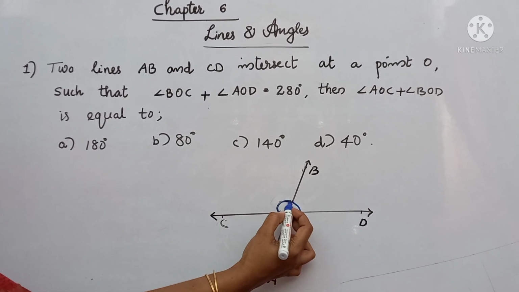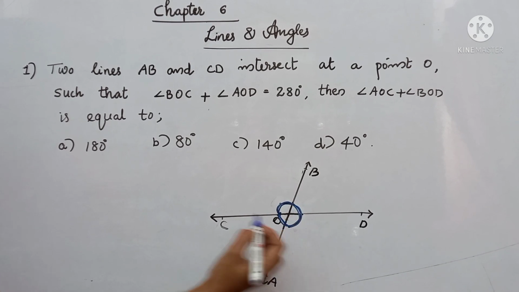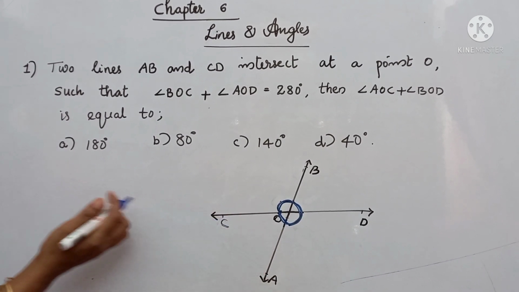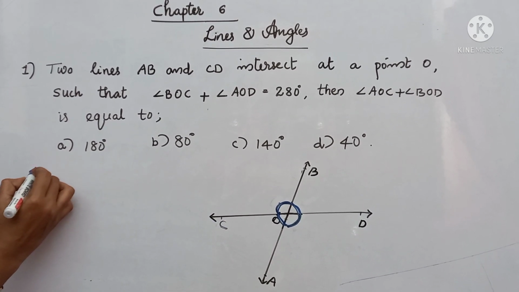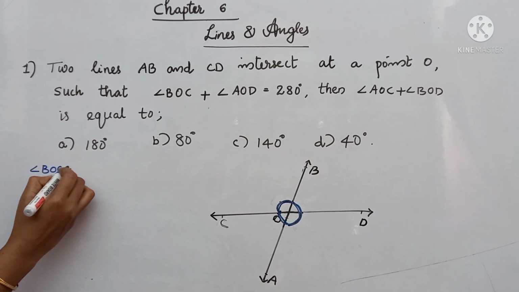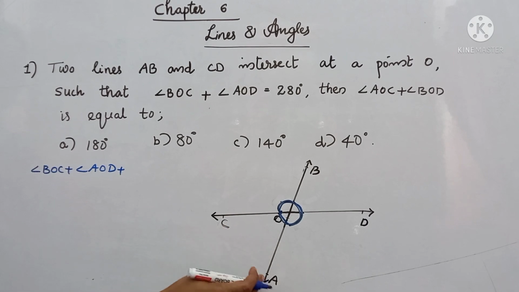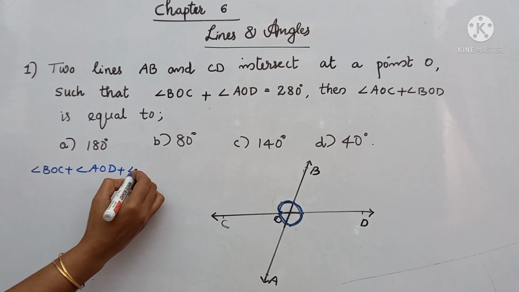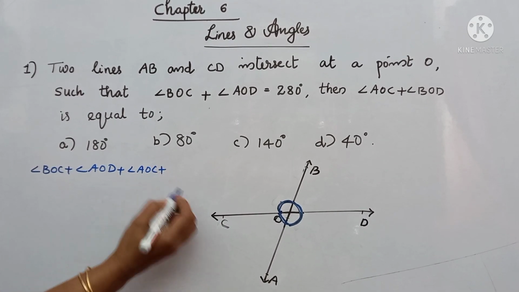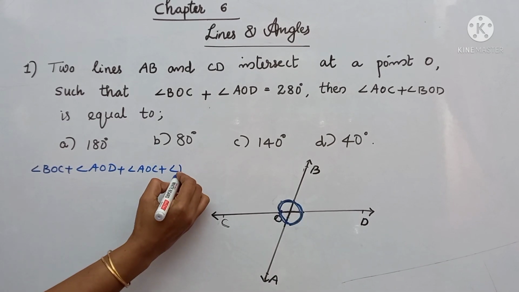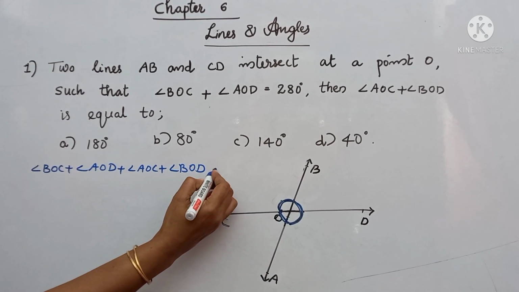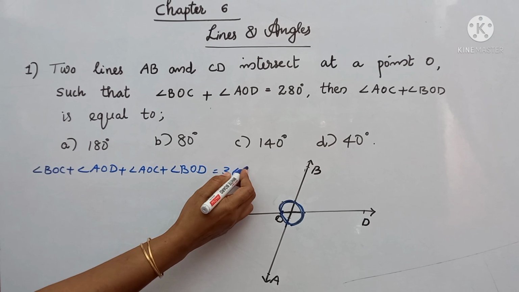Look here, this is a circle, so we are getting a complete angle. So the sum of all these angles is equal to 360 degrees: angle BOC plus angle AOD plus the other two angles, angle AOC plus angle BOD, is equal to 360 degrees, a complete angle.